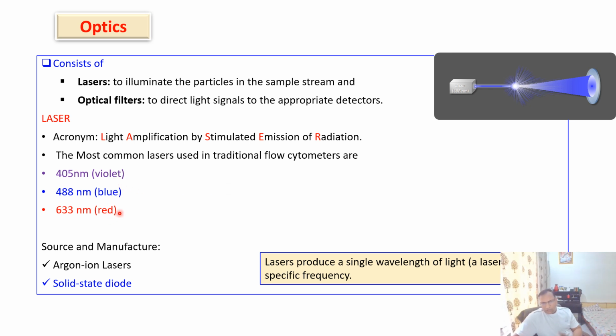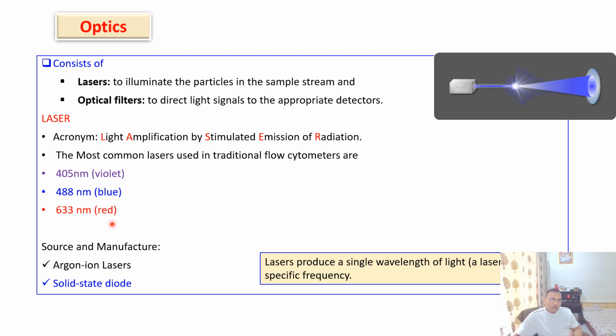As we know, our eye can detect wavelengths of about 400 to 700 nanometers, which is our visible light range. Violet has a wavelength of 405 nanometers, blue is 488, and red is 633 nanometers.